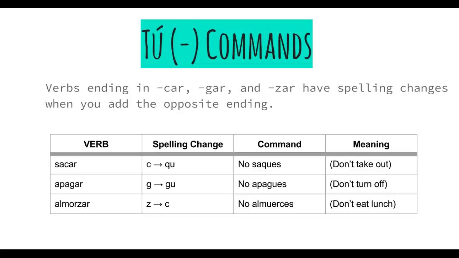So when you look at the infinitive verbs sacar, apagar, and almorzar, you'll notice that to change those to the negative tú command, which means we're adding the opposite ending, we also have to have another spelling change. So the C in sacar changes to a QU in no saques. The G in apagar changes to a GU in no apagues. And the Z in almorzar changes to a C in no almuerces, don't eat lunch.